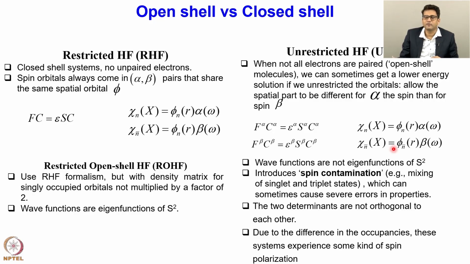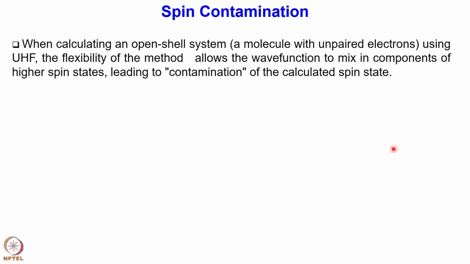Remember, the problem of spin contamination is more severe in wave function based methods. For density functional theory, spin contamination is not such a big problem. Now, when I talk of spin contamination, it essentially means that when calculating an open shell system using UHF, the flexibility of the method allows the wave function to mix components of higher spin, leading to contamination of the calculated spin state.